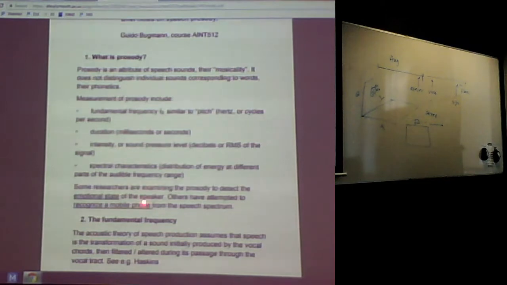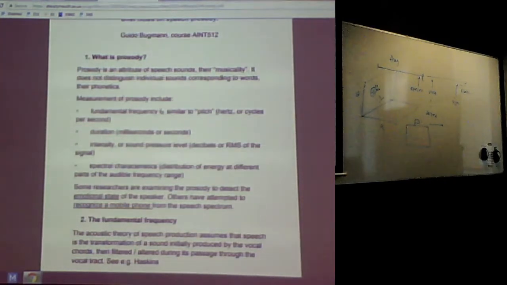Emotional states. People think you can extract the emotional state of the speaker using prosody, high pitch voice, that sort of thing. And other people have done strange things, like you call somebody on your mobile phone, and the microphone and the amplifier and all that gives a given tonality to your speech.